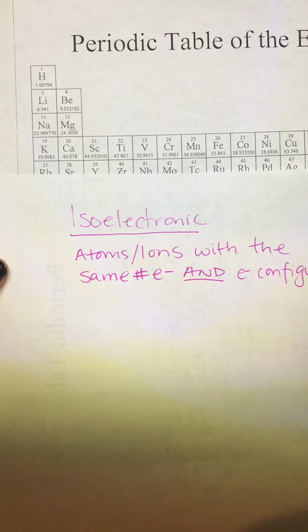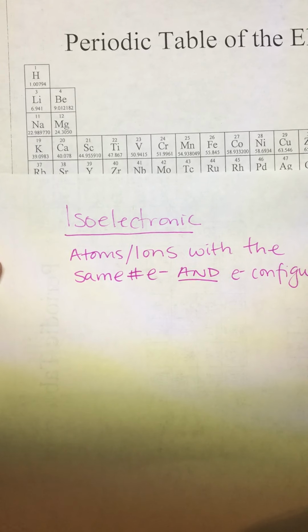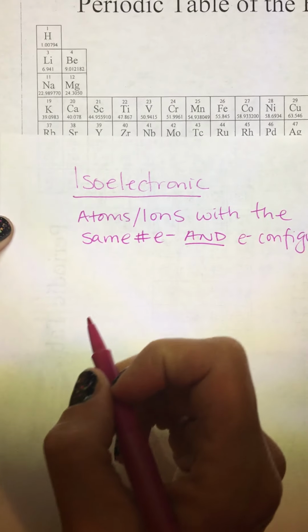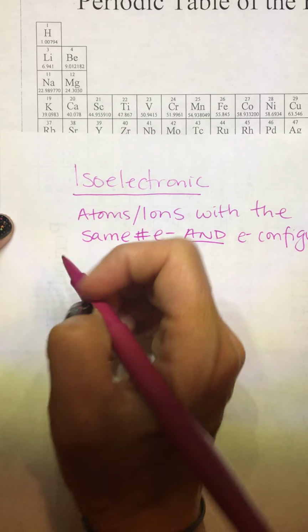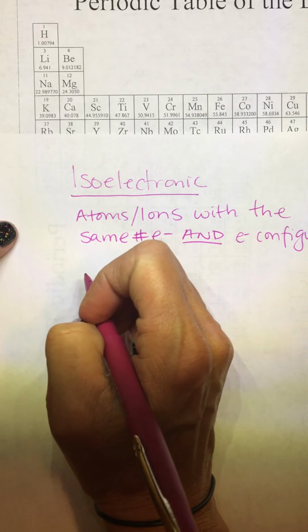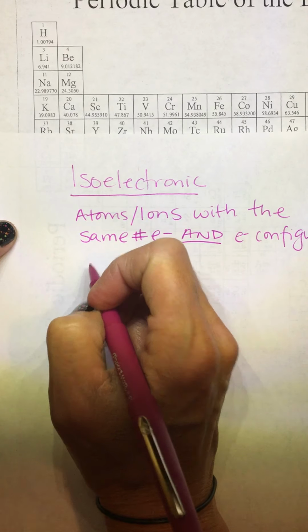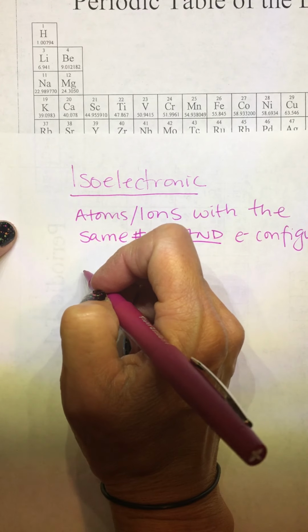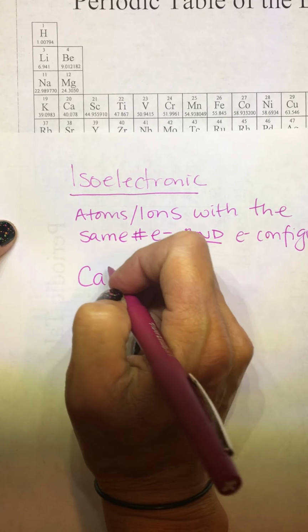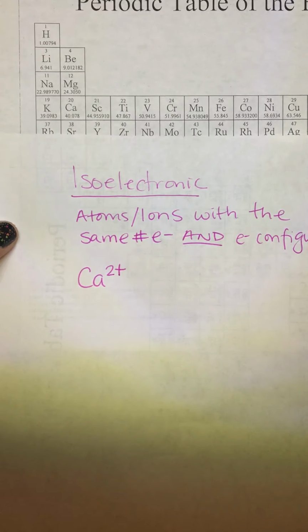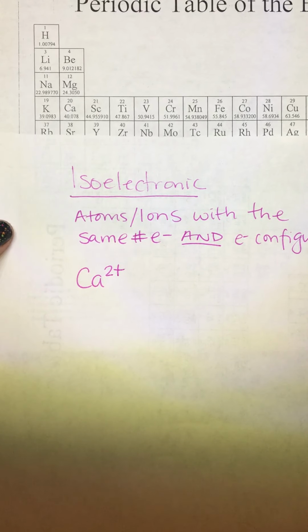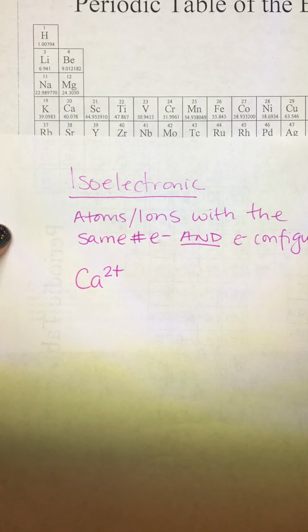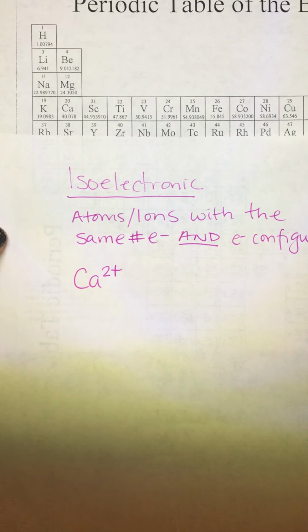So looking at our periodic table, I'm going to choose to do some ions. So we can say the configuration for calcium with a +2 charge, right? It's a metal. It tends to lose 2 electrons to form a positively charged cation with a +2 charge.